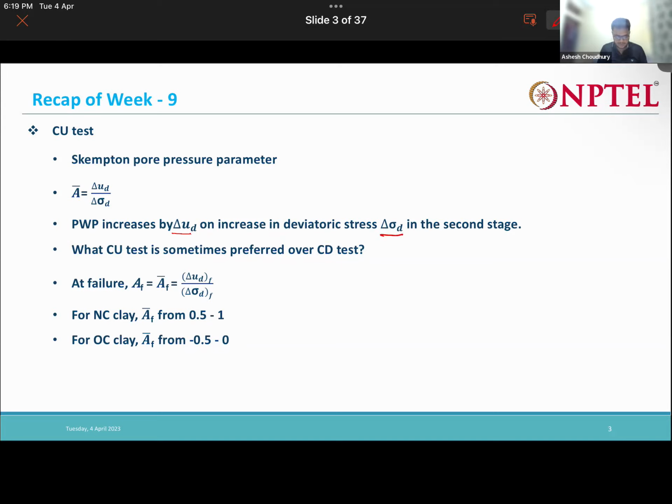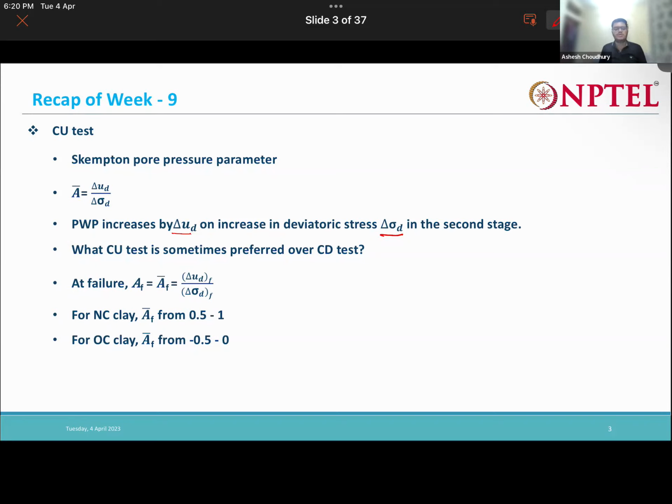Okay, so as I was saying, why is the CU test sometimes preferred over the CD test? Because the CU test is actually faster. In the second stage, we need not bother about the drainage of water. So that undrained second stage in the CU test can be completed very fast, right?